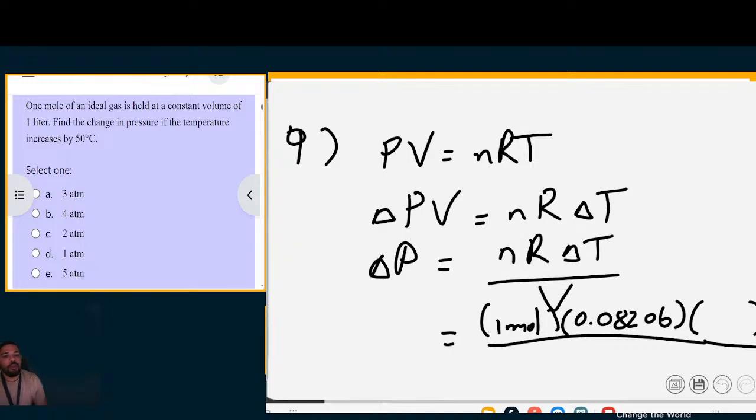The change in temperature is 50 degrees Celsius, and the change in Celsius is the same as the change in kelvins. So that's 50 kelvins, and it's 1 liter. That's why we used this constant. If we work that out, we find that the change in pressure is 415,700 pascals.